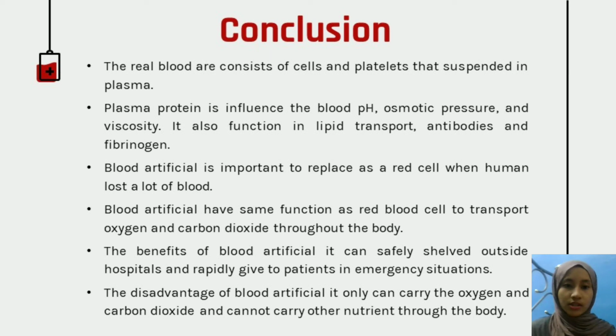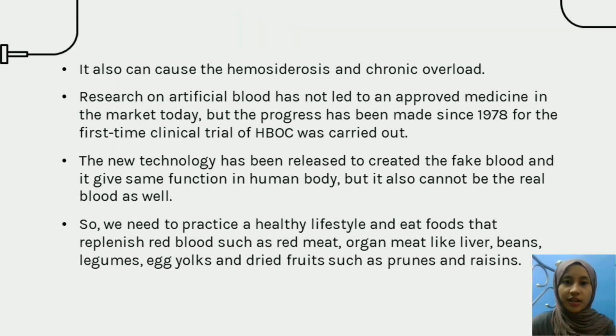The disadvantage of artificial blood is that it can only carry oxygen and carbon dioxide and cannot carry other nutrients through the body. It also can cause hemosiderosis and chronic overload.